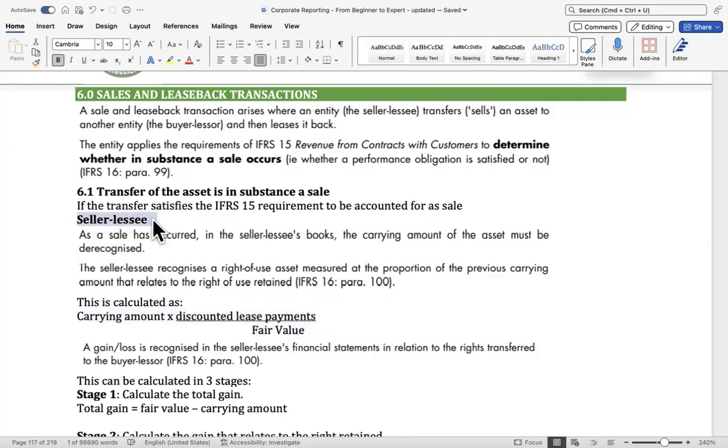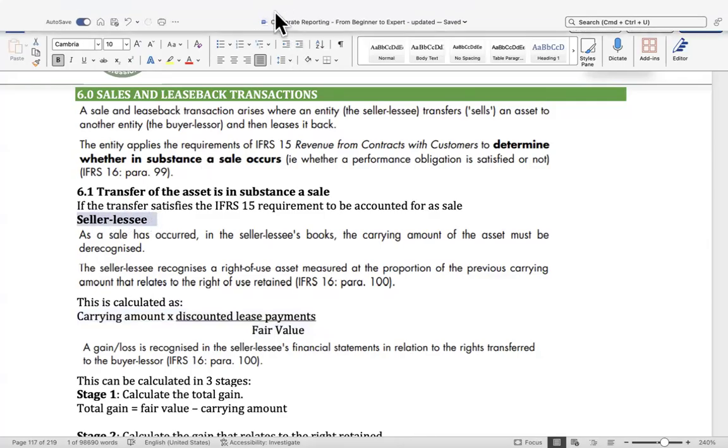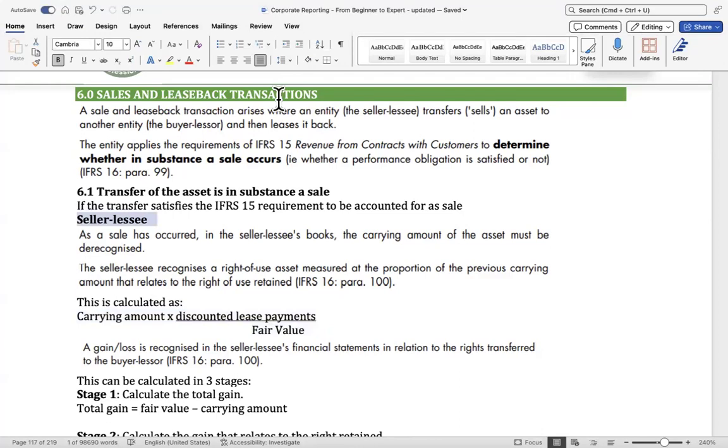If IFRS 15 agrees that he has sold, it becomes a seller lessee. Being a seller, we would need to derecognize the asset from our books. I intentionally omit revenue recognition, equivalent to the amount he receives, because that's not the focus here. This is leases, so I'm just focusing on the lease parts.